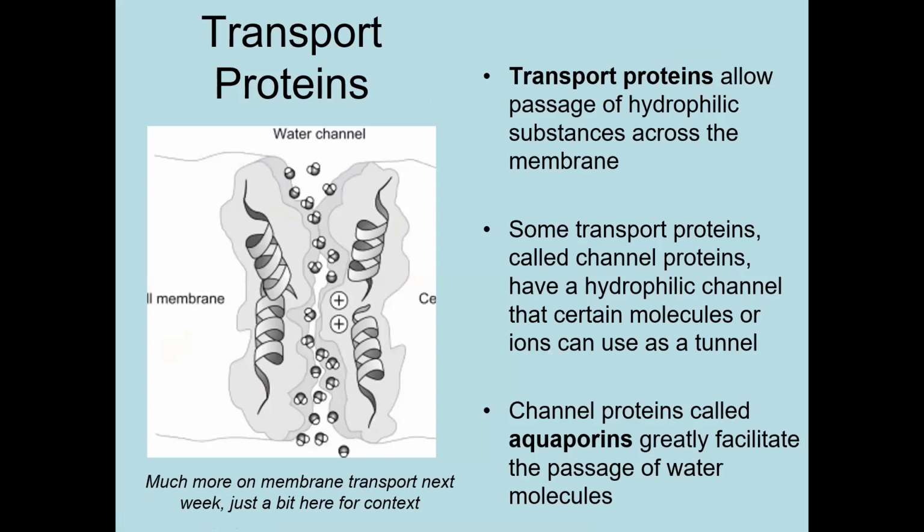A little bit more on the transport proteins, just because I think that's a really important function to talk about when we're talking about the membrane as a semi-permeable barrier. Transport proteins are what allow us to move those substances that are very difficult to move otherwise. How do we move these polar molecules, these hydrophilic molecules?